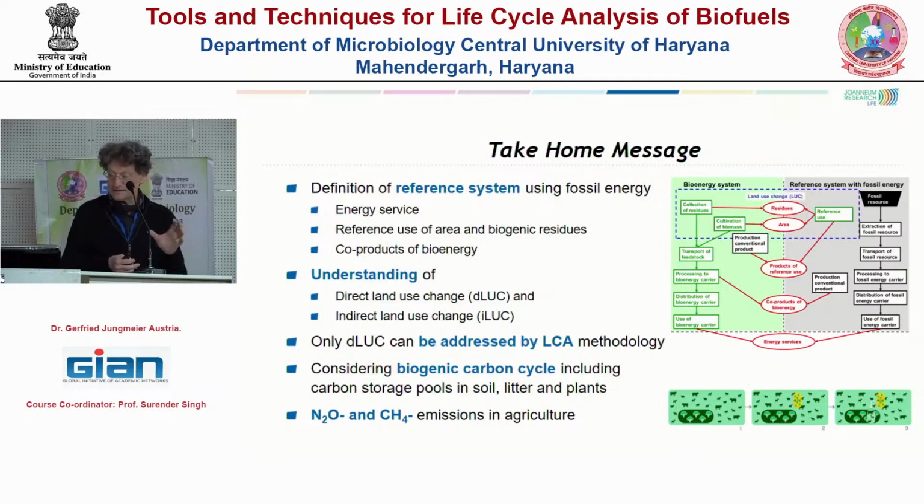We've also seen that considering the biogenic carbon pools and cycle, where you store carbon in soil, in plants, in litter, is relevant in the LCA as soon as you start changing these pools. And finally, we learned about the N2O emissions and the methane emissions associated with agricultural practices, that they are happening, and at least showing you where in agriculture these emissions occur.